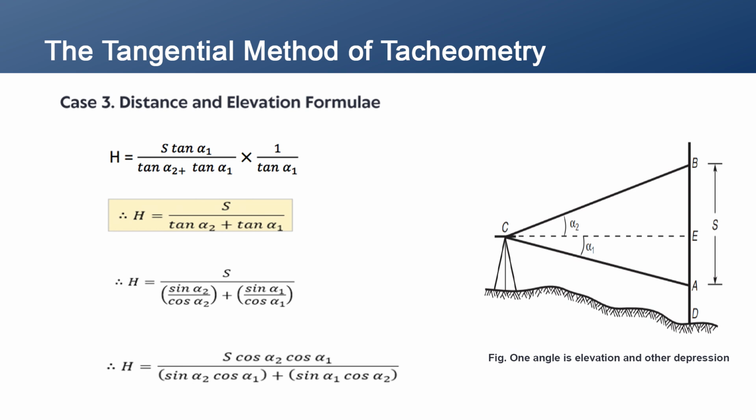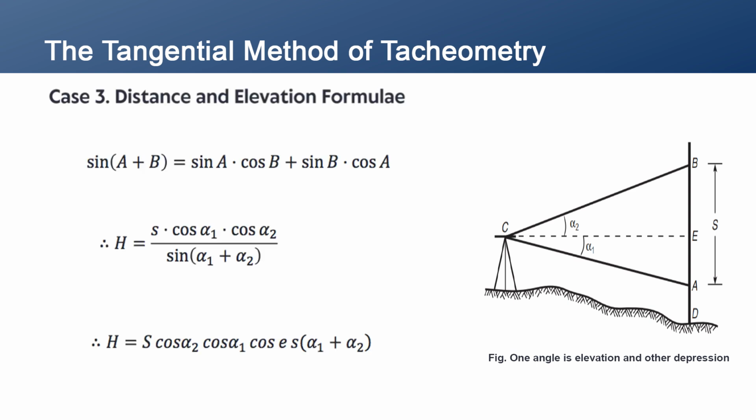Upon mathematical calculation, we can write H = S cos α2 cos α1 / (sin α2 cos α1 + sin α1 cos α2). Sin(A + B) is sin A cos B plus sin B cos A. Therefore, H can be written as S cos α2 cos α1 / sin(α1 + α2). Finally, H = S cos α2 cos α1 / sin(α1 + α2).